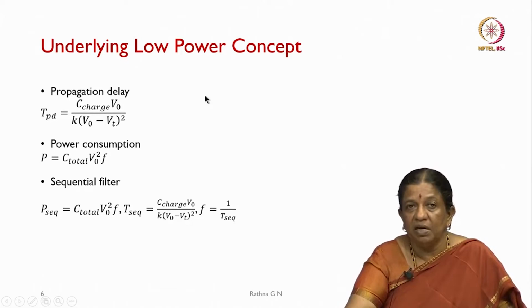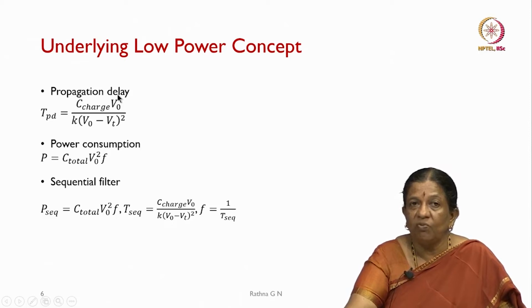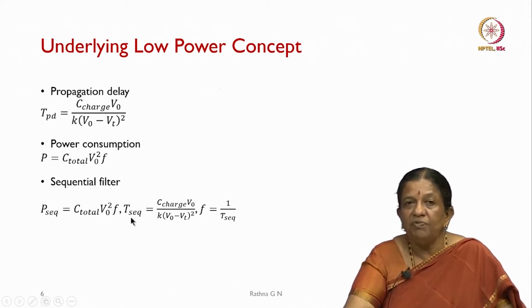Initially we said this is the propagation delay equation we had. For the sequential power consumption we call it C total V naught square into F, where T sequential is our clock period that we take for every bit of data.